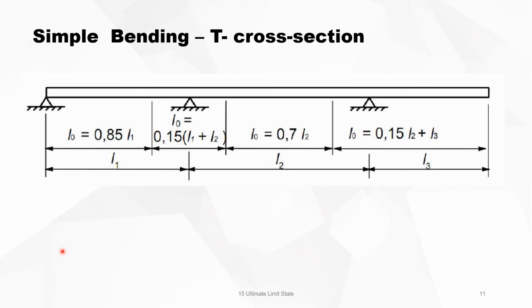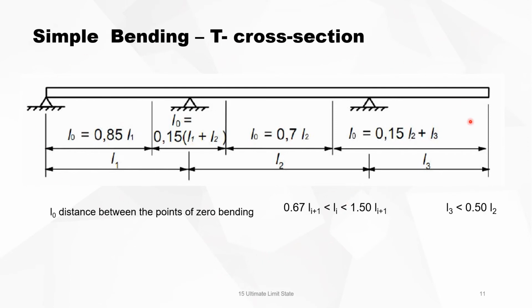For L0, it's allowed to use a very simple formula, which is given in this picture. L0 is the distance between the points of zero bending. You can actually calculate it, but you can also use those approximations which are here.